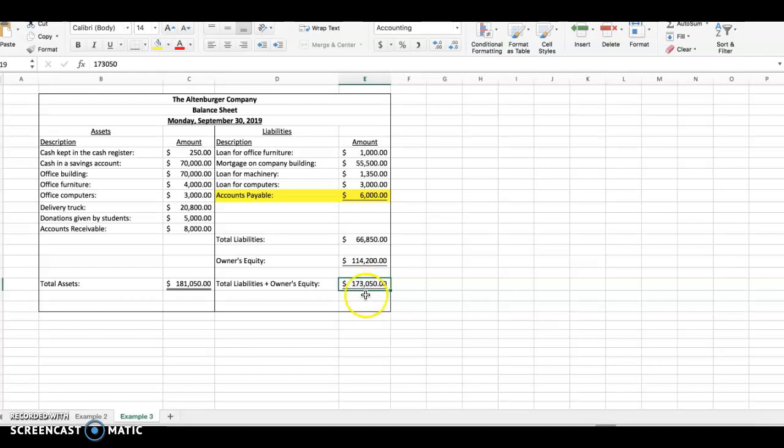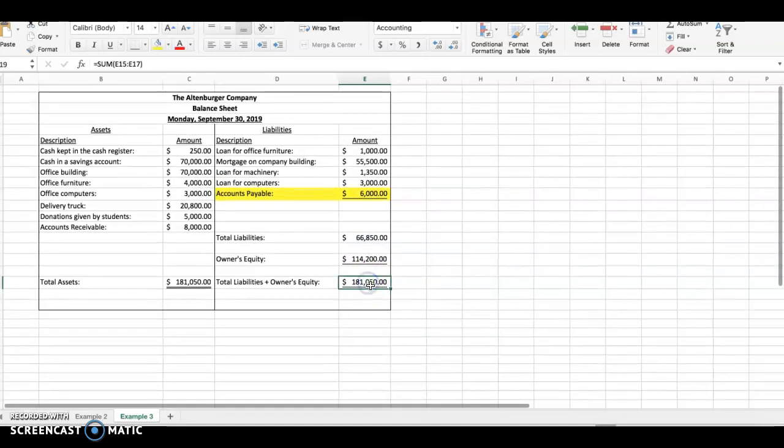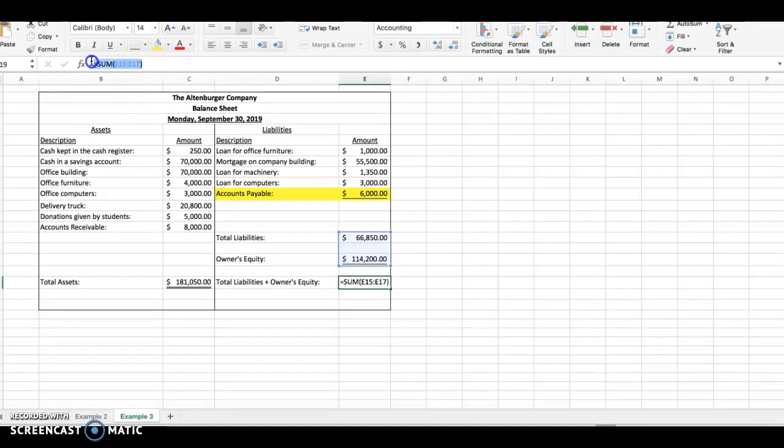What I should have, and let me show you how to do this very quickly. Take this out, and if we go way up to the top, we put the auto sum, click on that, and if I put my cursor over the numbers I want to add, these two, and I hit the return, there's my total. So now this shows in this cell, this is the formula, which I just did.